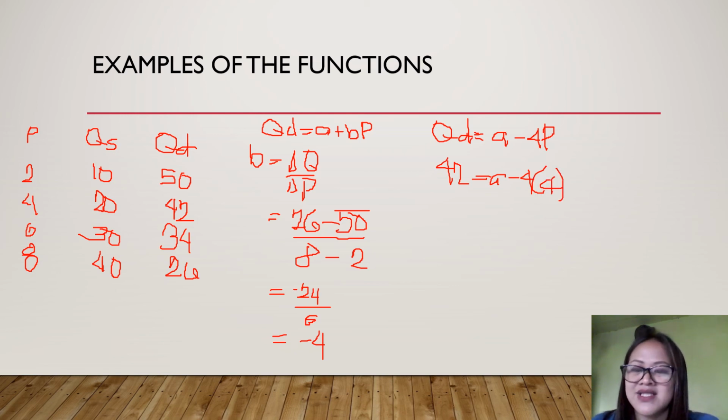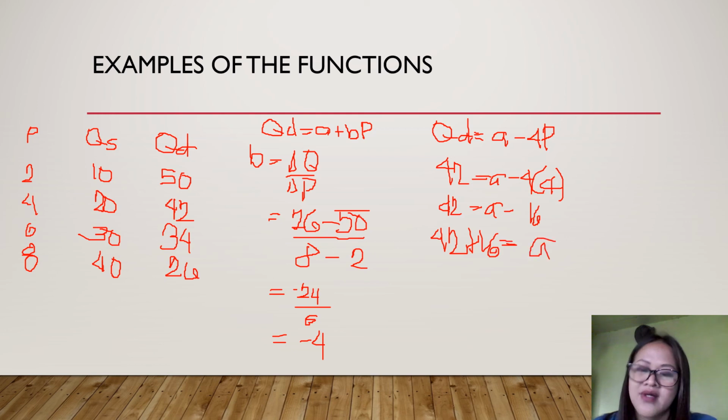So that means 42 is A minus 16. Then transpose to the other side: 42 plus 16 is equivalent to A. That will give you 58 as the value of your A.